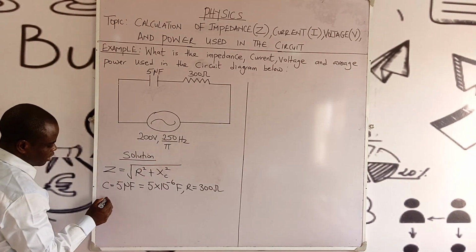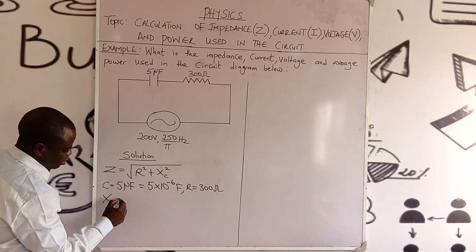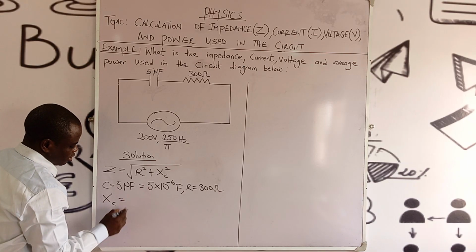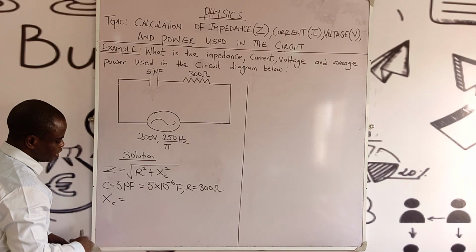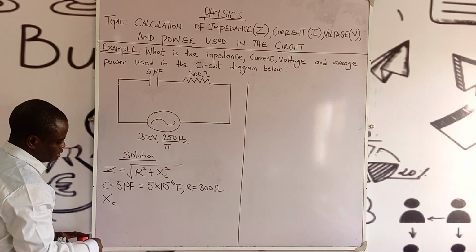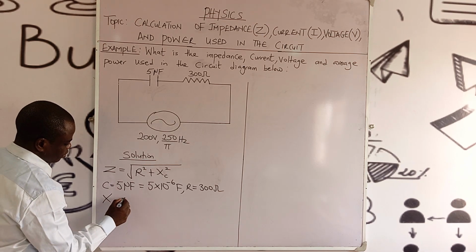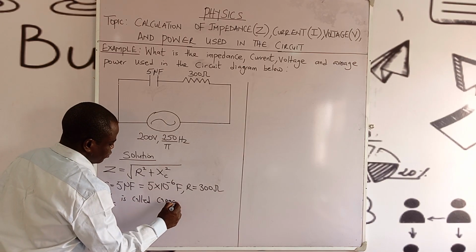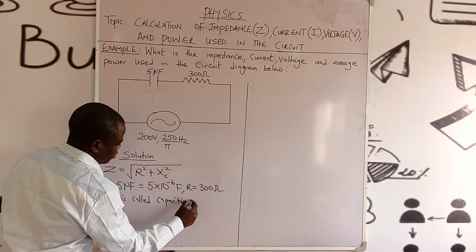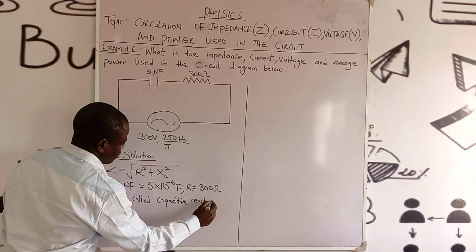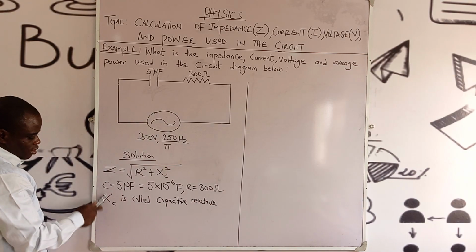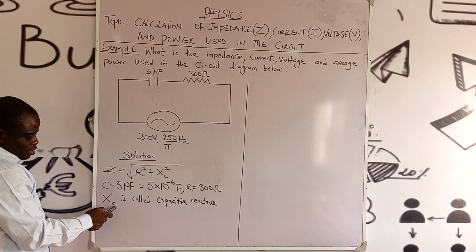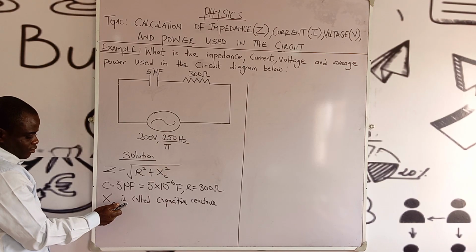Okay, we call this capacitive reactance, XC. This X stands for the reactance, C is the capacitive.